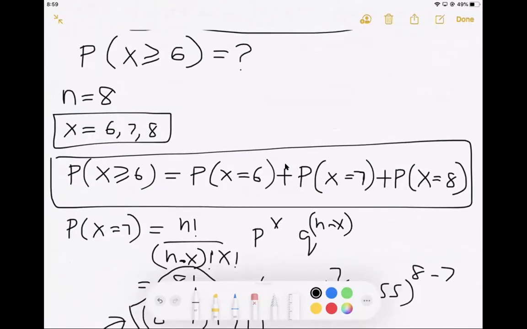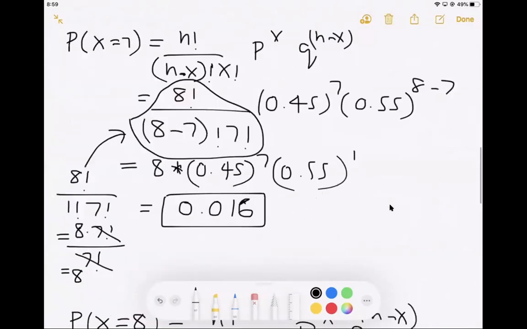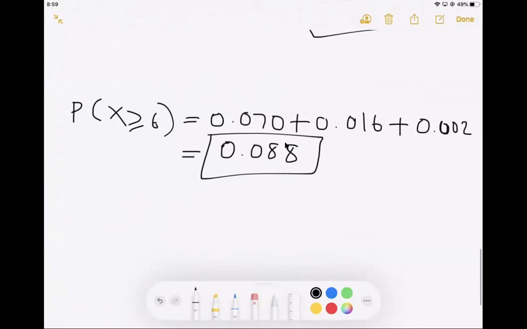Then according to that, divide this whole inequality into equal parts. Then separately find these probability values using the binomial probability formula. After that, add all those probability values. Then you can find the final answer. Okay, this is all about slide number 33.